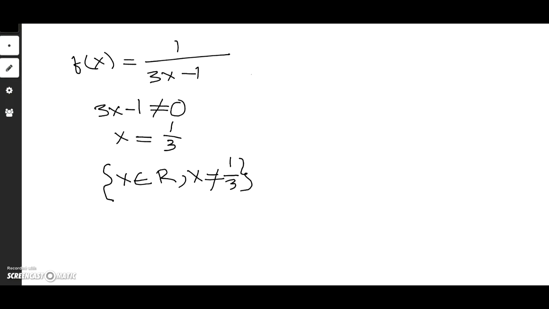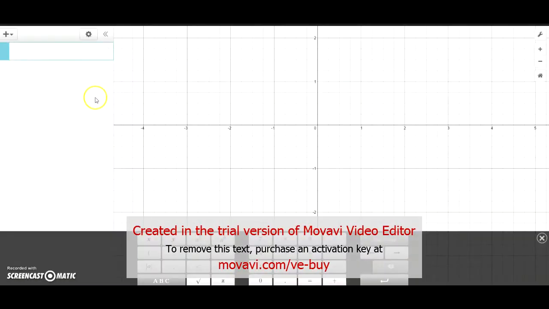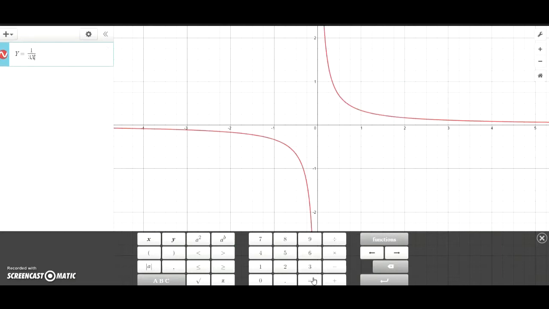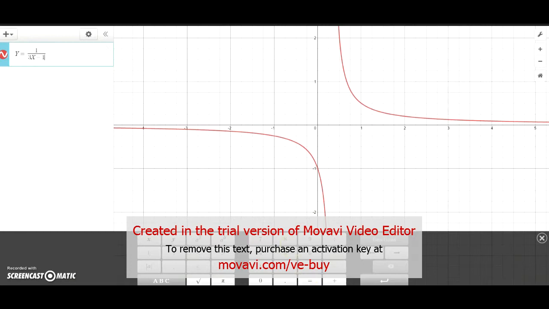Now we are going to plot this graph. By going into Desmos, we can say that y is equal to 1 divided by 3x minus 1. So minus 1 gives us an interception in minus 1.